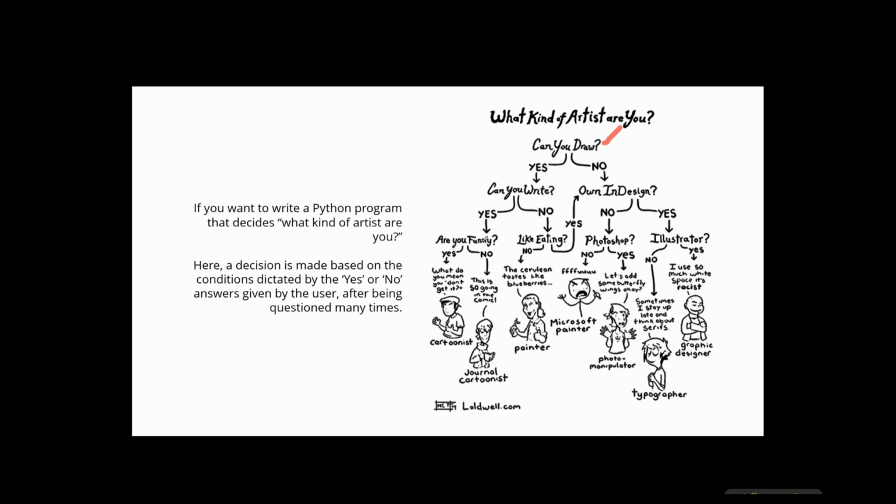Are you funny? I don't think I'm funny, so I am not funny. So journal cartoonist. Yeah, I am the journal cartoonist, because my drawing is bad. And yeah, it fits me, yeah?